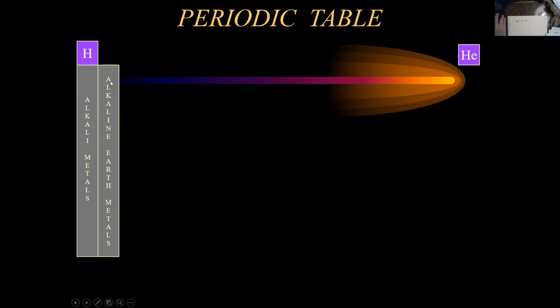The second family, group 2A, is called the alkaline earth metals. And you would recognize the reason for the word earth is calcium and magnesium are the primary components of dirt. You know, sand and soil contain magnesium and calcium in them, often in the form of their oxides or silicates or some other formula. But they are elements of earth.